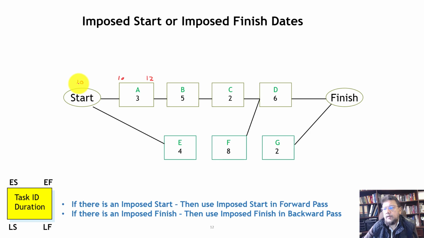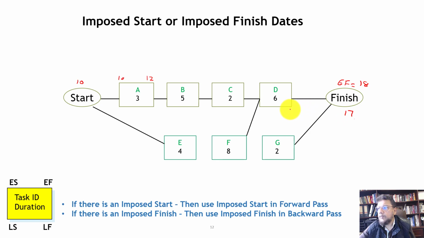And how do you deal with the imposed finish? With the imposed finish also, it's the same thing. We calculated early finish using the forward pass. Let's say it was 18. Instead of 18, if I had an imposed finish, let's say my imposed finish was 17, then simply I would take 17 and use this to do the backward pass.